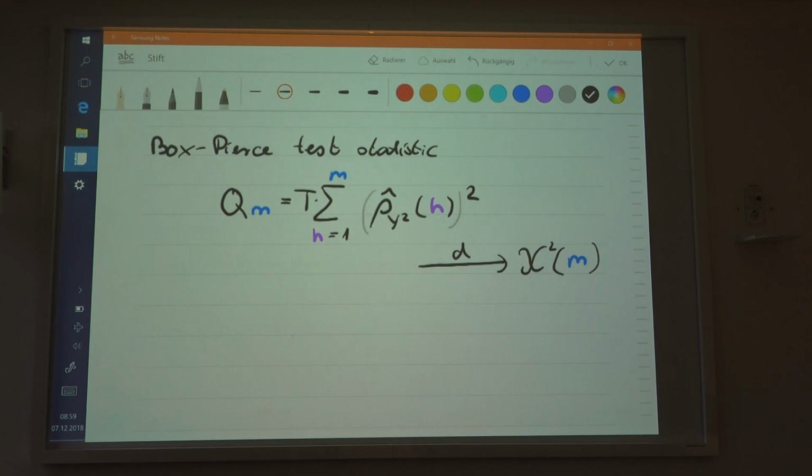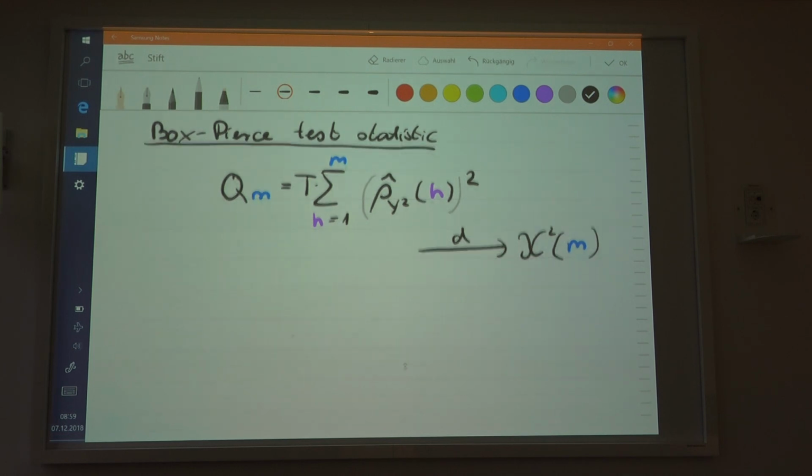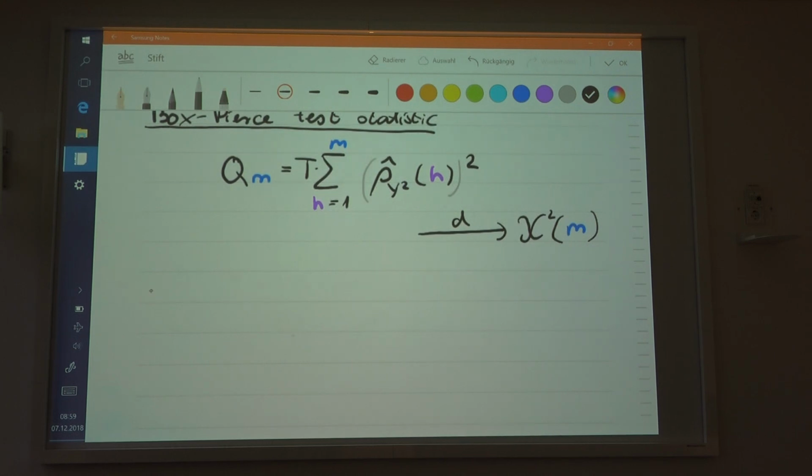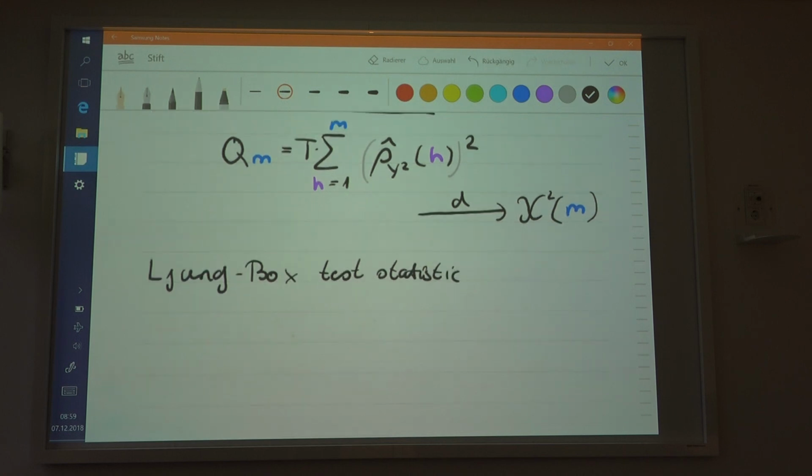There is also the modified Box-Pierce statistic, which is, I think, more practical. This is the Ljung-Box statistic, and I'm using a different notation here.